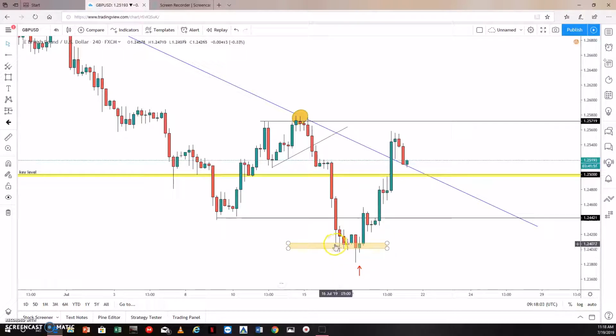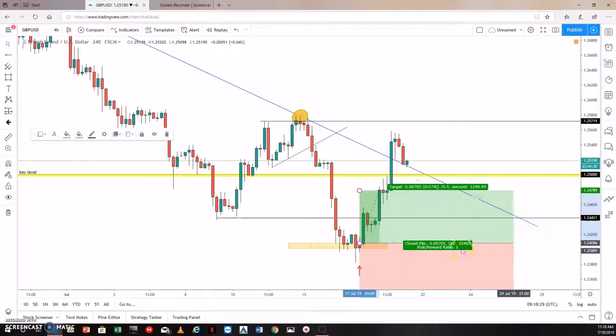And I'd seen that this was a significant area of resistance turned area of support, and we just had a hammer there, another hammer, and a spinning top. So these candles are just signaling reversal. When I saw this 1, 2, 3 pin formation, I jumped into the trade right about here.